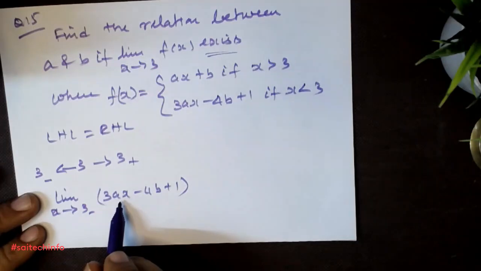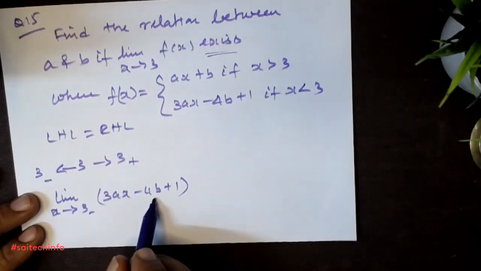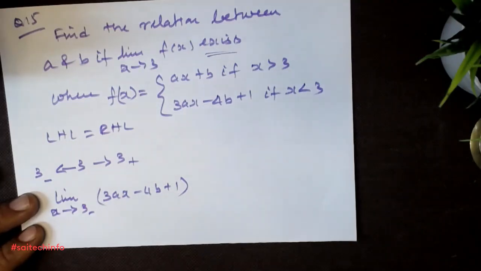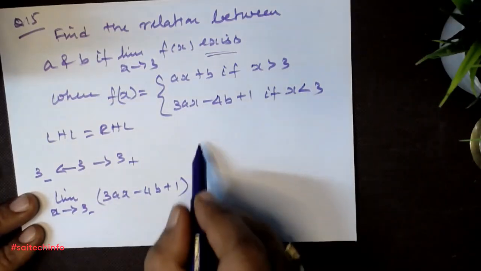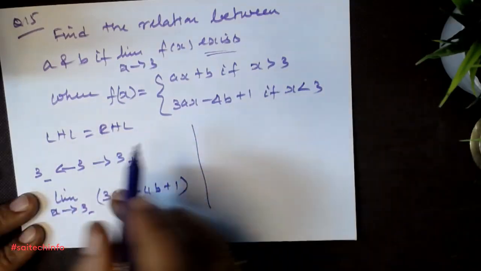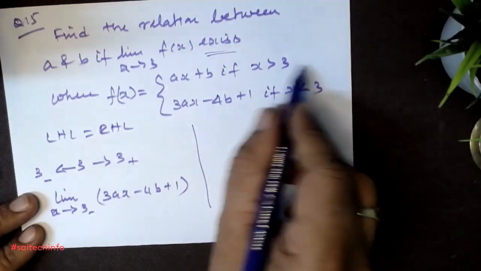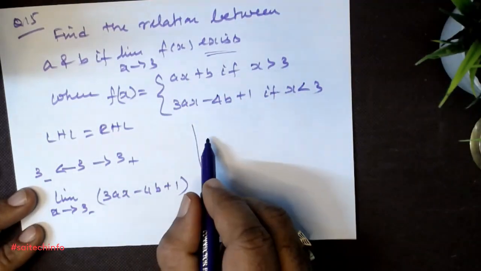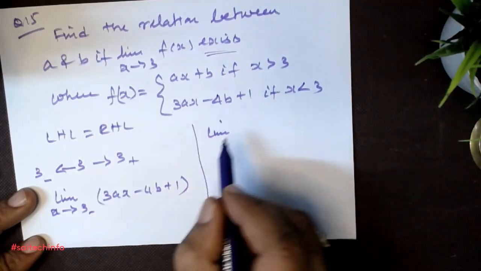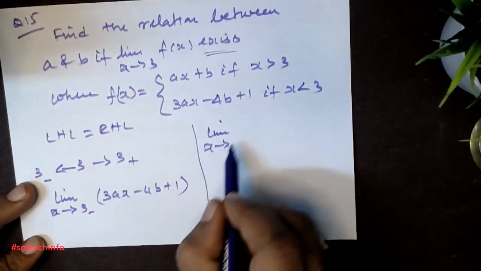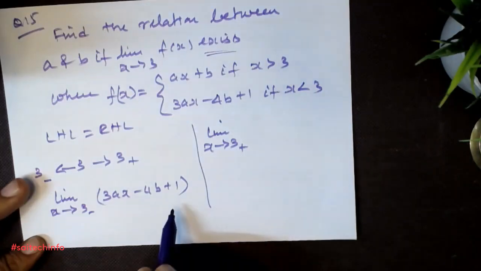3ax minus 4b plus 1. And for right hand limit, it is exceeding, it is greater than 3, so you have to consider this one. So limit x approaches 3 plus, that is right hand limit.